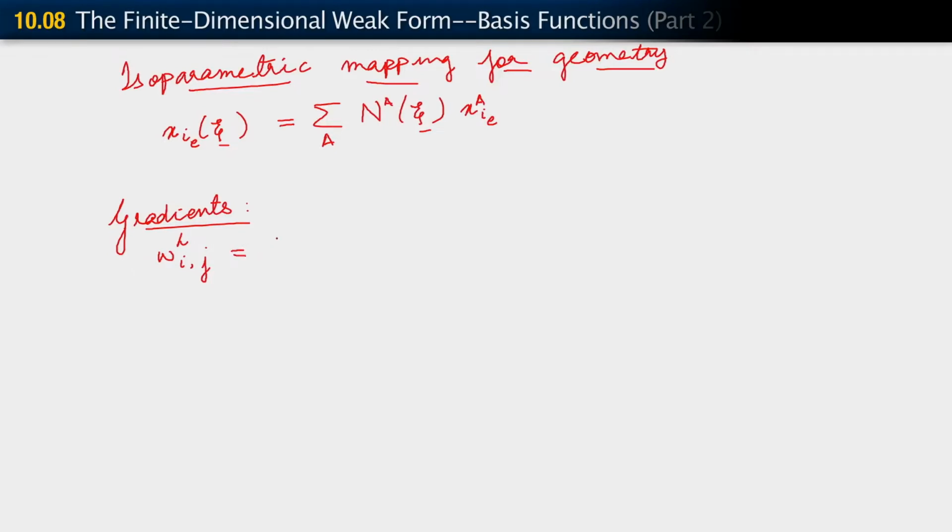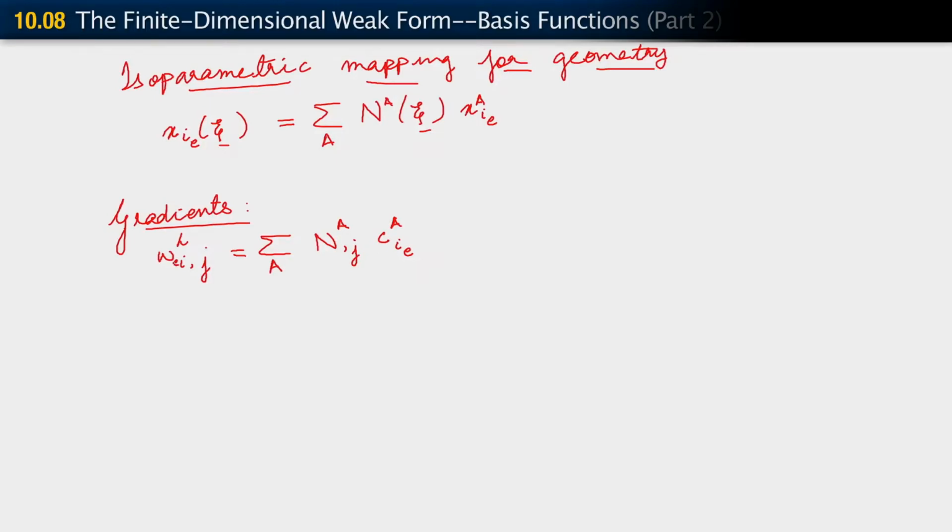This now over the element is a sum over A of N_{A,j} c_{Ai}^e. I'll probably add an e in there as well, just to keep decorating it.